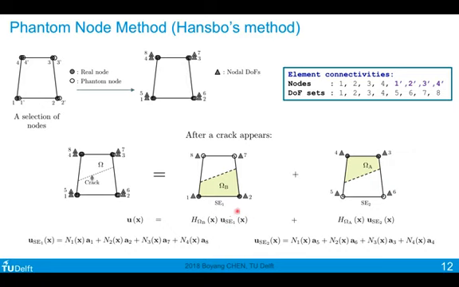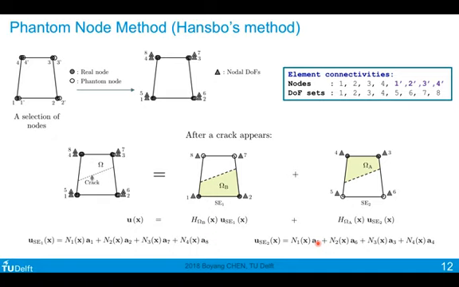And then the solution over the element domains SE1 and SE2 are formed using the standard shape functions, N1, N2, N3, and N4, with both real nodes, real degrees of freedom, and phantom degrees of freedom. A1, A2 belong to the real node, and A7, A8 belong to the phantom nodes.